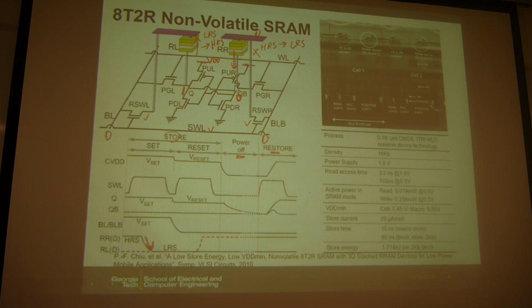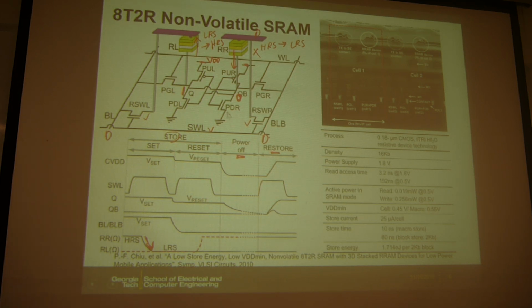Then, due to this latch behavior, it will be 1 and 0 in this way. So the mismatch between the left and right hand side in terms of the RC delay will determine the data pattern, restoring the data pattern like 1 and 0 due to the resistance difference between those two cells. So you don't need to do anything to write the data back to the SRAM cell. Once you power up the chip, it automatically flips due to the resistance difference.